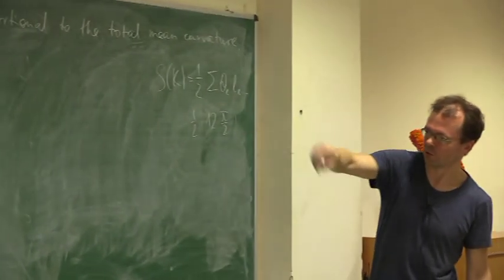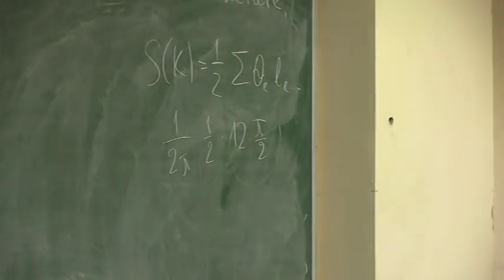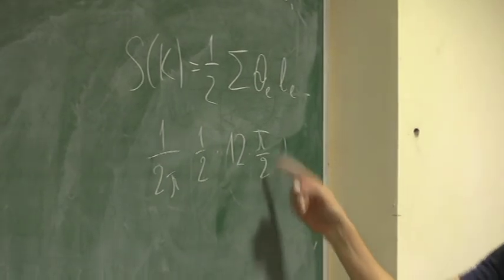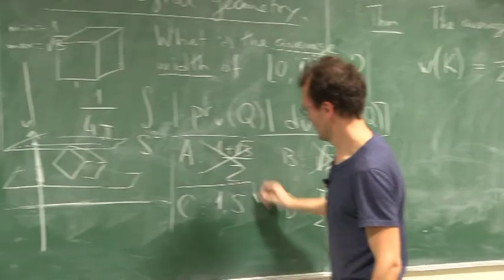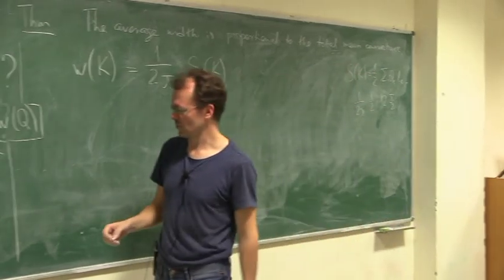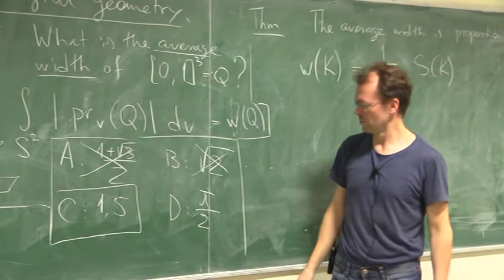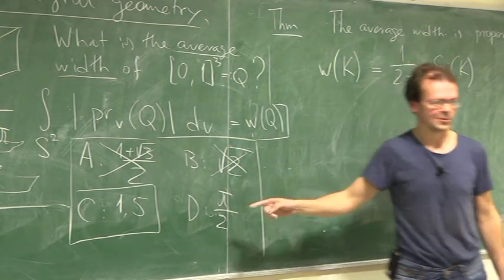If you compute W of K, then we must take 1/2 pi, and this is 12 divided by 8, and pi goes away, so this is the correct answer. The average width is 1.5. Actually, this can be a test if you are a rational person or irrational or transcendental.